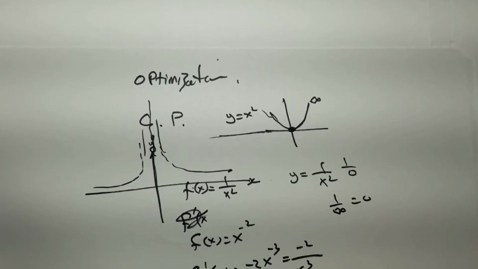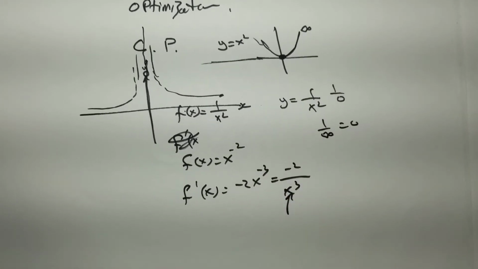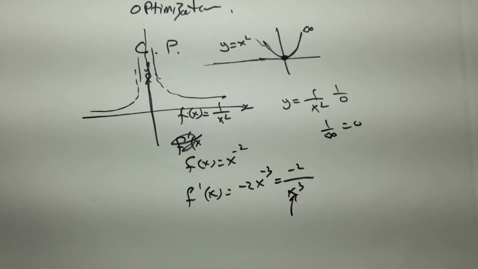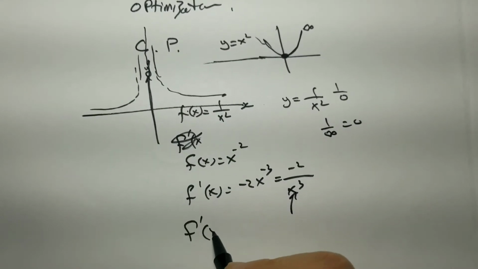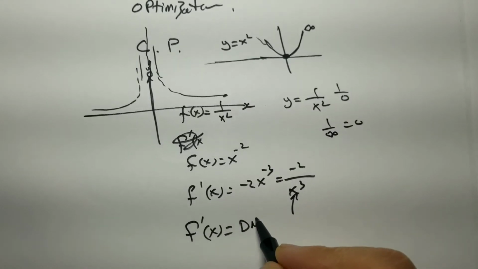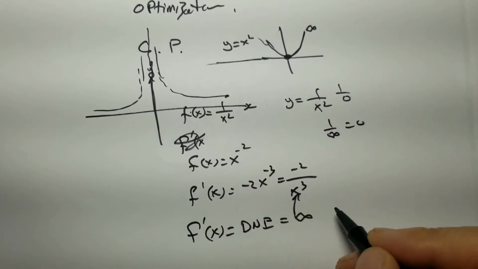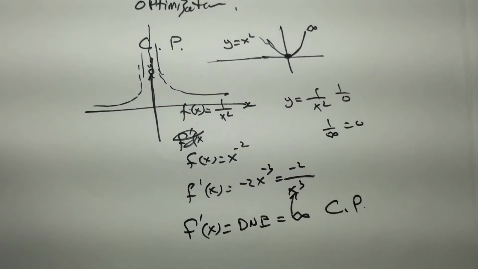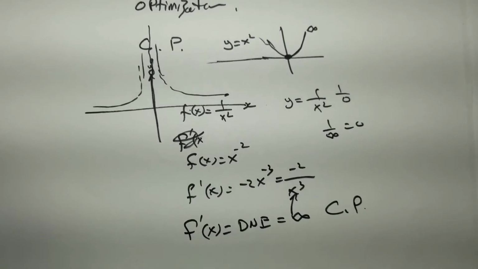At x equal to 0, my derivative is not defined because it's not part of the domain. Therefore, wherever the derivative does not exist or is undefined, you have a critical point. And that critical point does not lead to a max or a min.